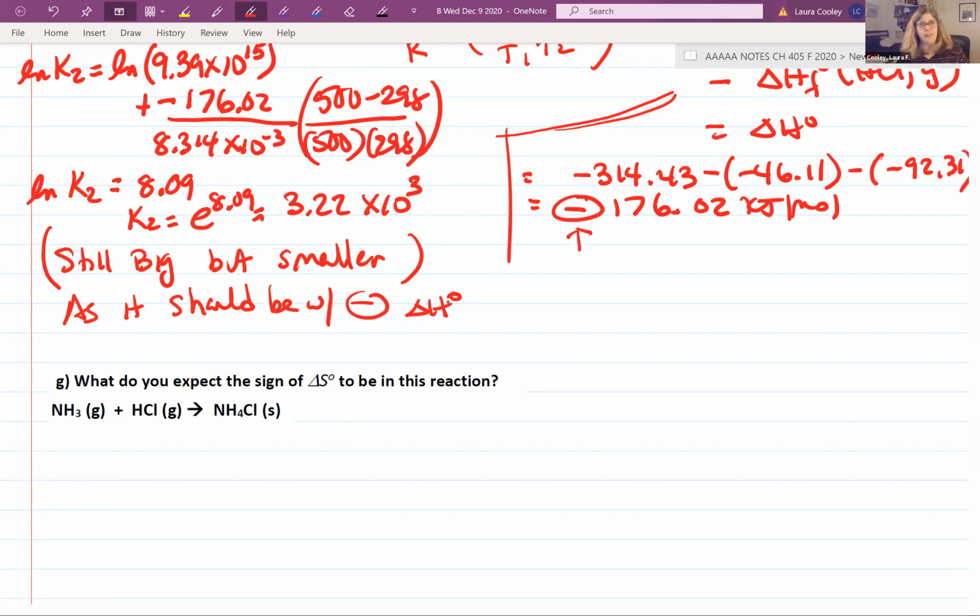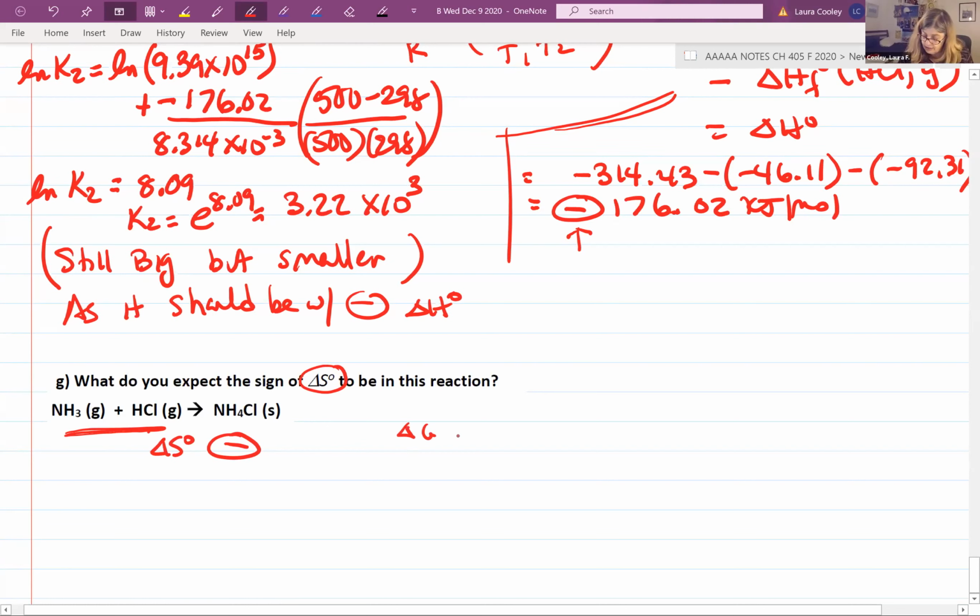And then one more thing, you can calculate the delta S. You should realize that the delta S is negative because you're losing moles of gas. You can use that formula: rearrange delta G equals delta H minus T delta S to solve for delta S0.